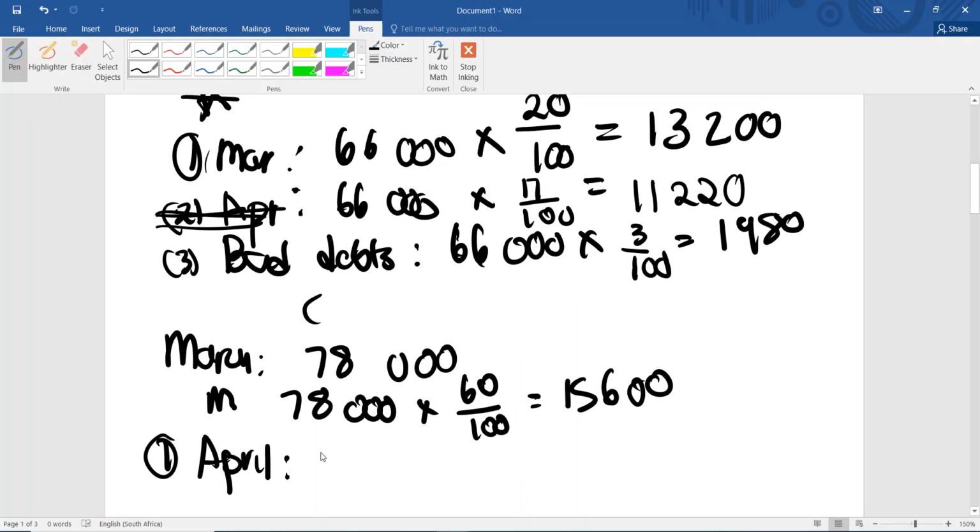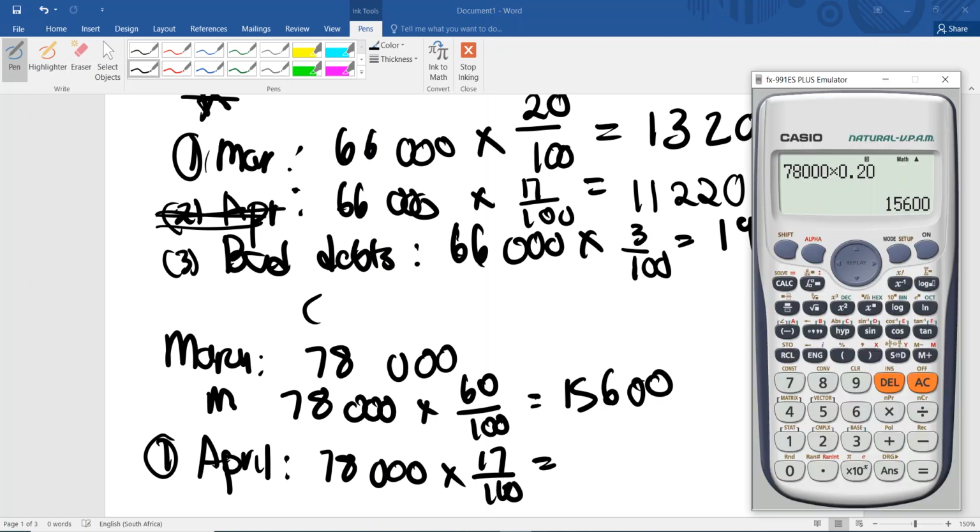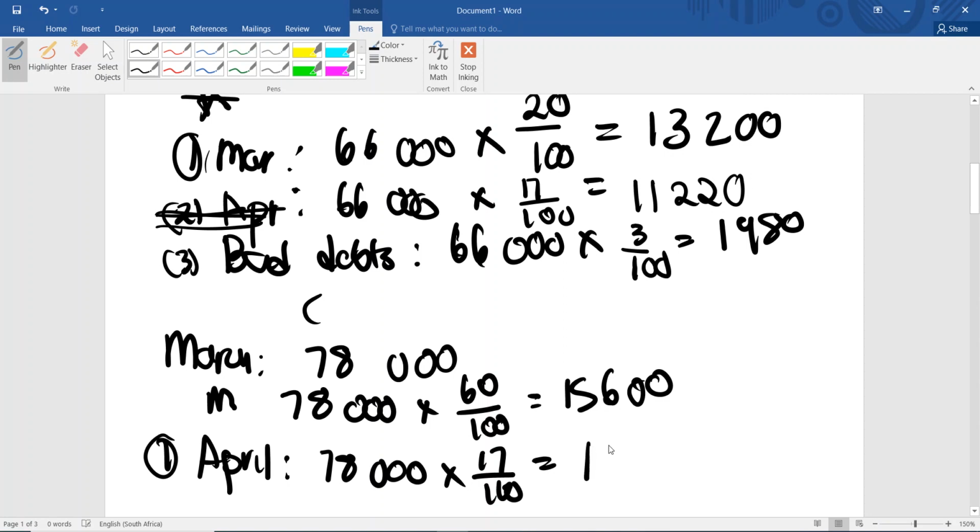So we're going to say 78,000 multiplied by 17 over 100, and then we'll know how much will be collected. 78,000 multiplied by 0.17 is giving us 13,260.